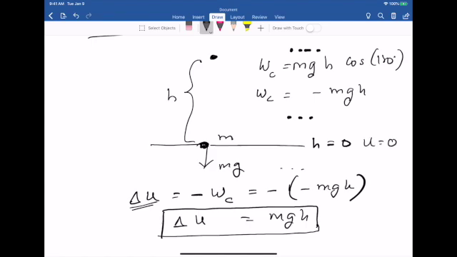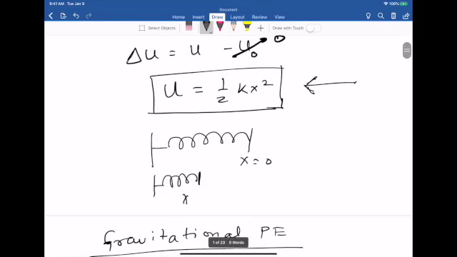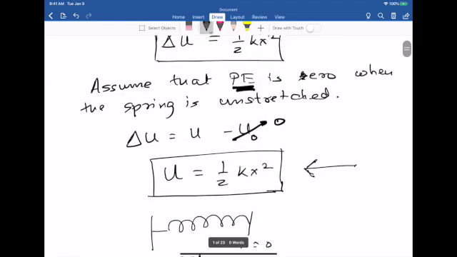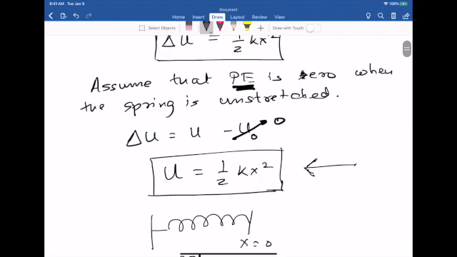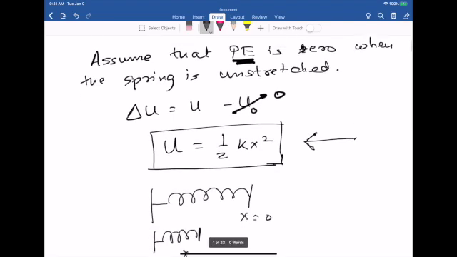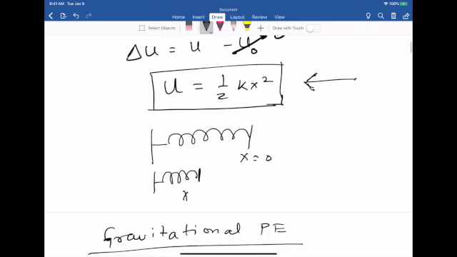However, in the case of the spring, you have to choose the reference level. Since the spring force is not a constant force, you have to choose U equals 0 at x equals 0, which is what we did in the previous example. So whenever x is equal to 0, we choose U equals 0 over there. And we don't have the freedom in the case of the spring force to choose the spring potential energy to be 0 at any other point.